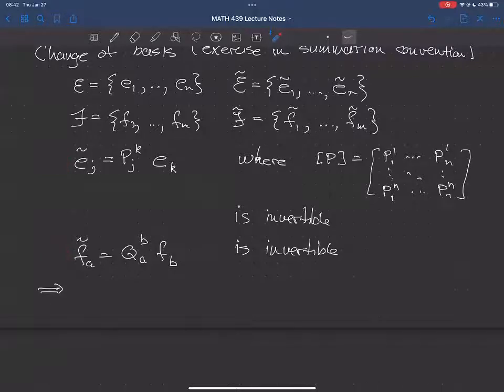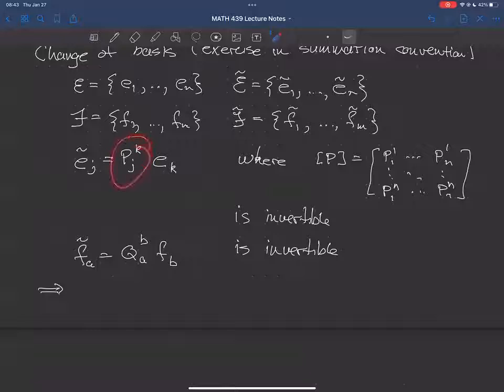When you invert these relationships, here you're expressing the tilde basis as a linear combination of the untilted basis, and similarly here. You can just invert the relationship to express the untilted basis vectors as linear combinations of the tilde basis vectors.